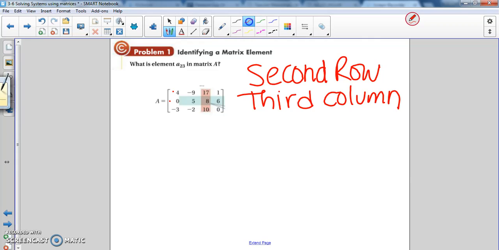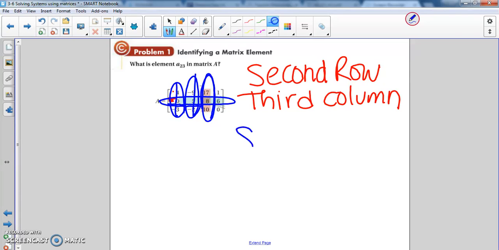In that third column and second row, we have the element 8, which is A23.